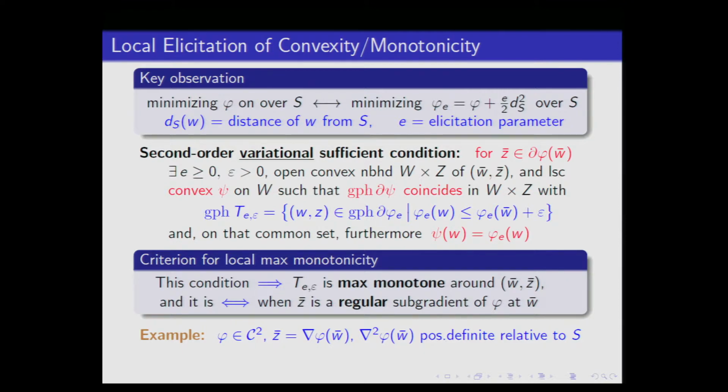And then if the Hessian of that function is positive definite relative to the subspace, then it's well known in augmented Lagrangian theory that you can get your elicitation parameter high enough to make this, if I added that term, the distance from the point, that phi e would have a global minimum at that point.